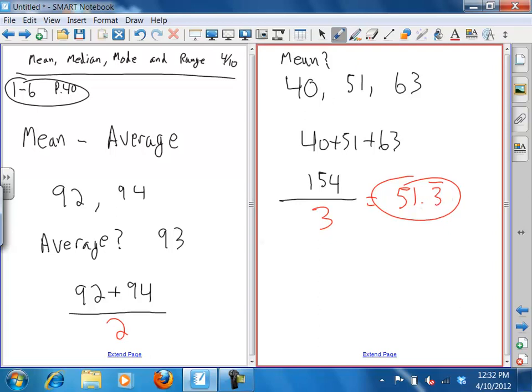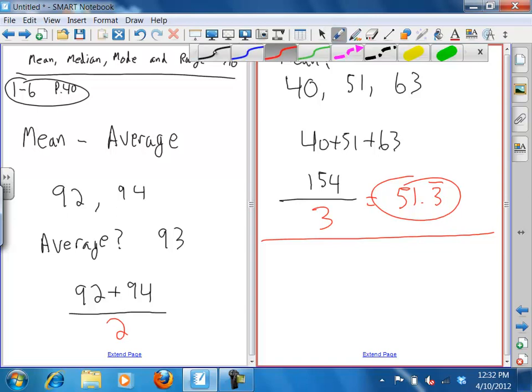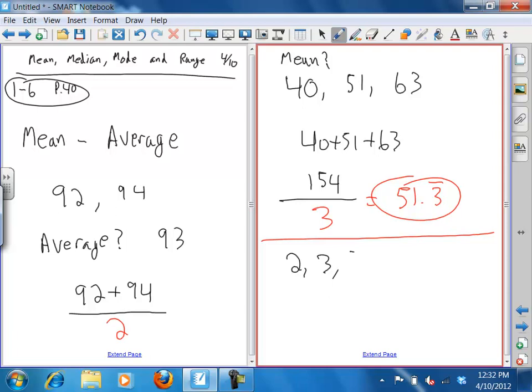Let's take another mean. Okay, one more. Let's do a bunch of numbers this time. Well, let's just do some small numbers: 2, 3, 7, 9, 2, 1. Okay, so we got to add them all up. So 2 plus 3 plus 7 plus 9 plus 2 plus 1.